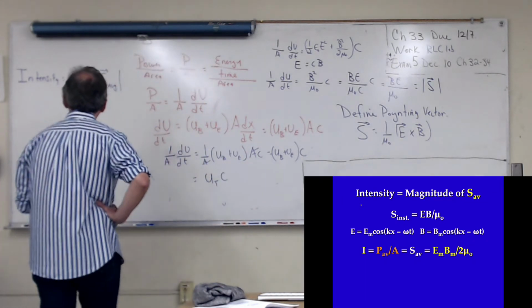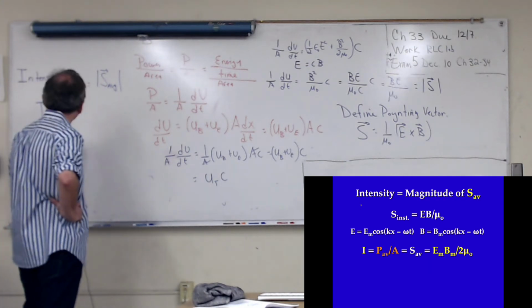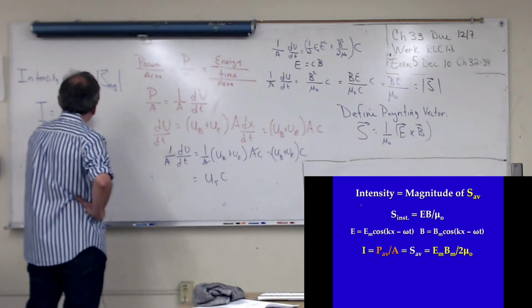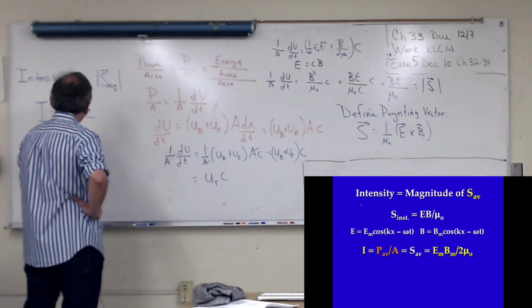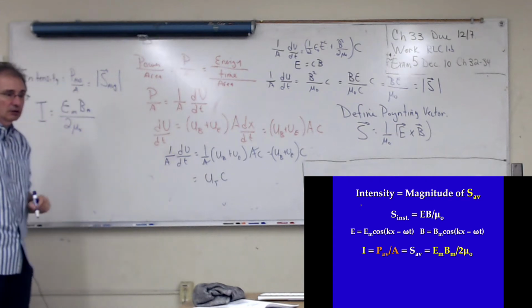And so the intensity, I, is E max B max over 2 mu naught.